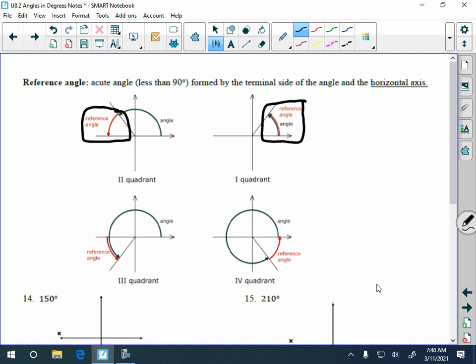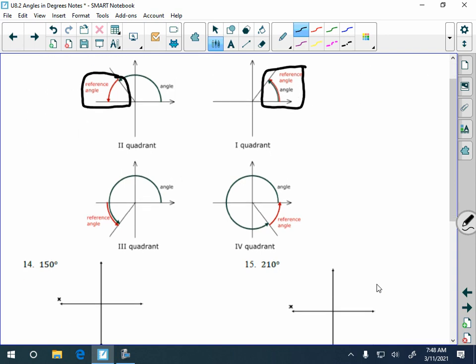Okay, so that's the angle to the x-axis. If the angle falls in quadrant 3, then we have to kind of go backwards because this is the reference angle right there. And then if the angle falls in quadrant 4, then the reference angle to get to the x-axis would be over here. All right, so those angles will get you an angle that's called the reference angle that's between 0 and 90 degrees in measure.